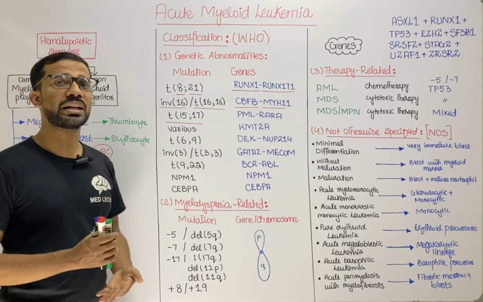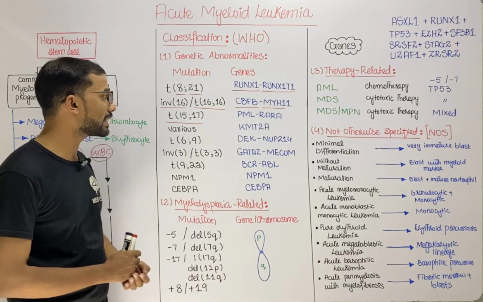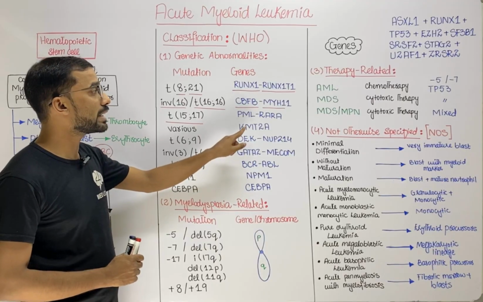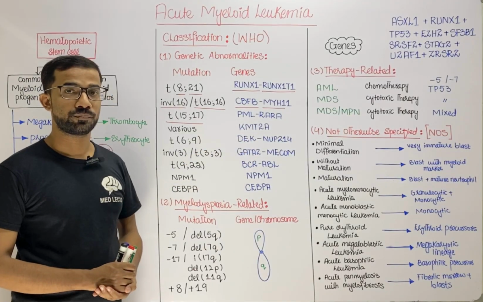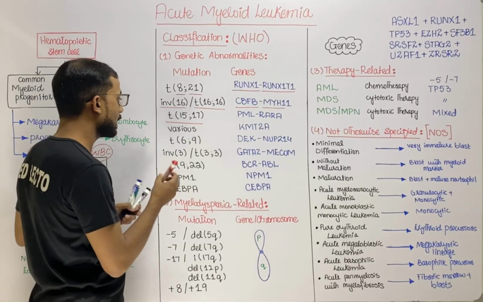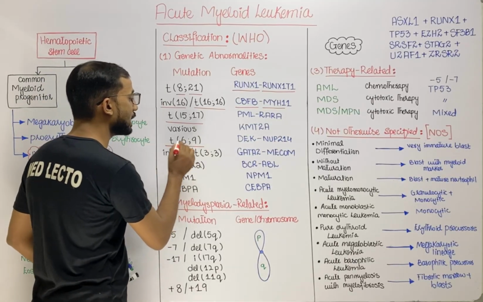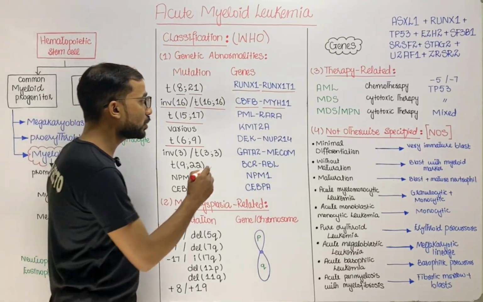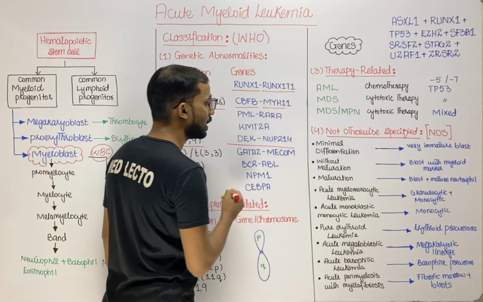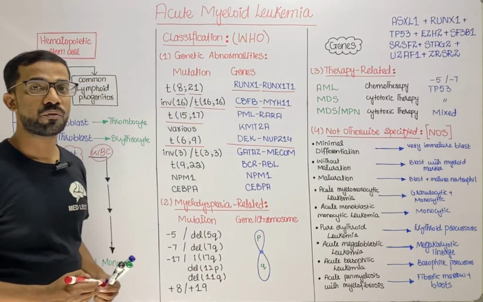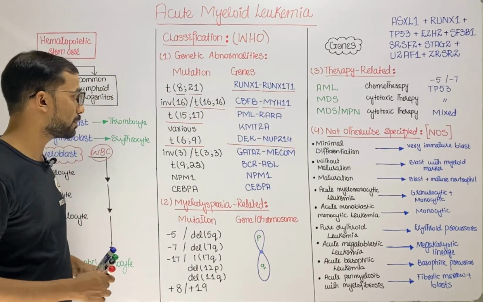Next, you can see various mutations happen in that case, and ultimately you will see KMT2A genes mutated in that case. Next case is the t(6;9), translocation between chromosome number 6 and 9, and you will see the two genes DEK and NUP214. That is the important thing.